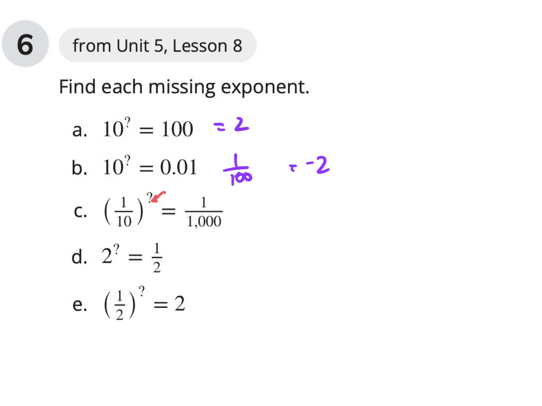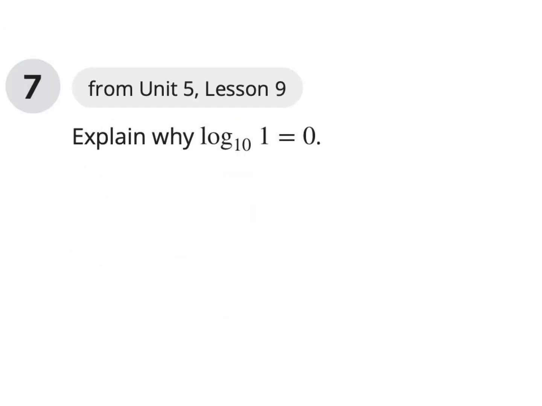So 10 cubed is 1000, so this equals 3. D is -1. And 1/2 to the -1 is 2. Negatives will flip a fraction upside down, even if it's in the bottom.